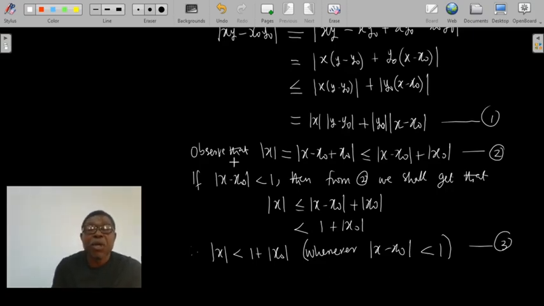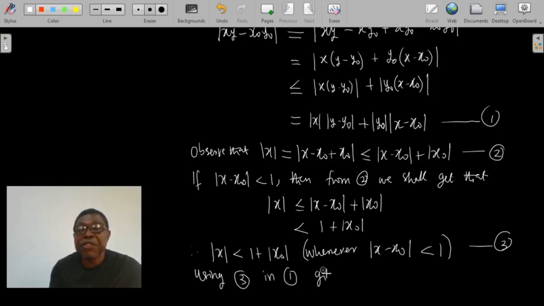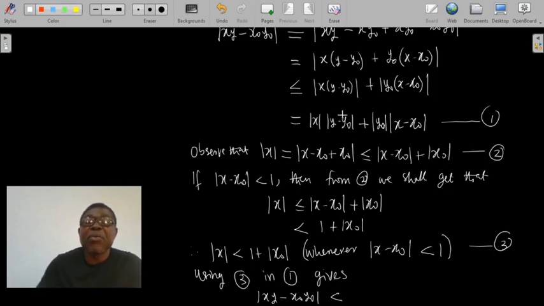Now, using 3 in 1 gives the absolute value of xy minus x naught y naught is less than... So what does it mean? This means that if I come to 1, this particular absolute value of x we are seeing here will be controlled by this.